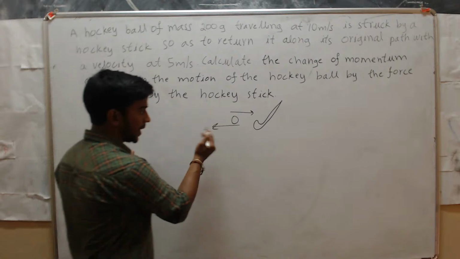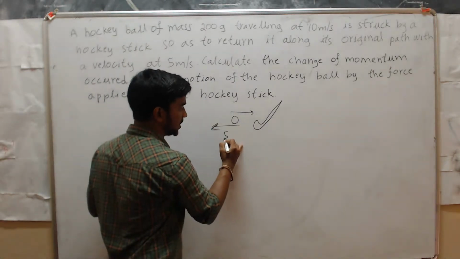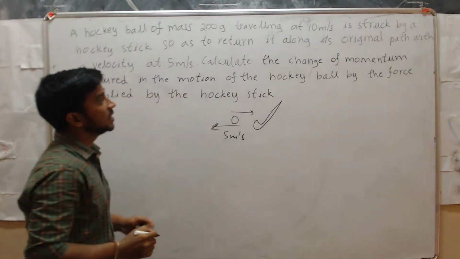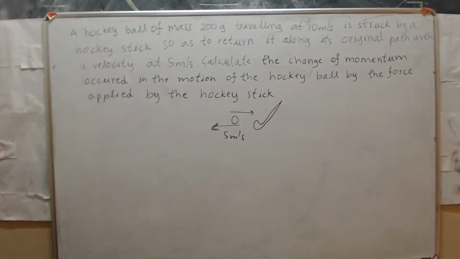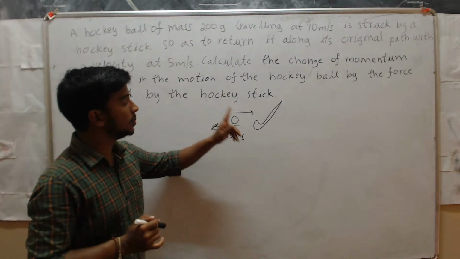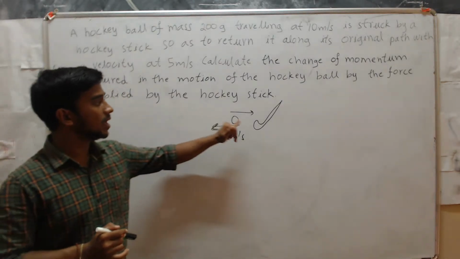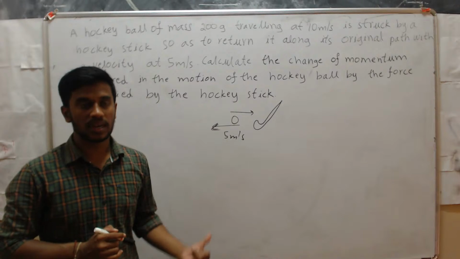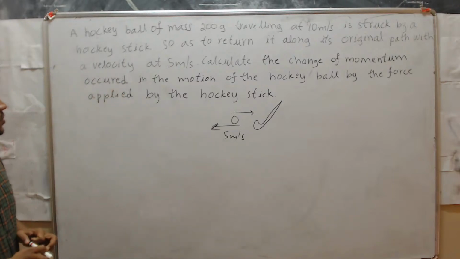So while coming back along the same path, its velocity is 5 meter per second. Calculate the change of momentum occurred in the motion of the hockey ball by the force applied by the hockey stick.